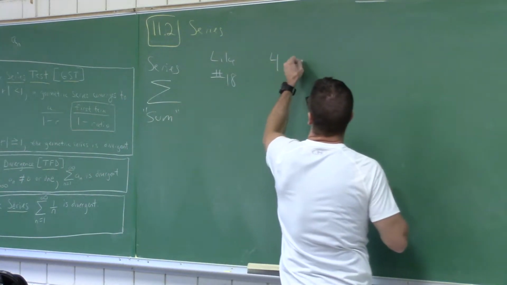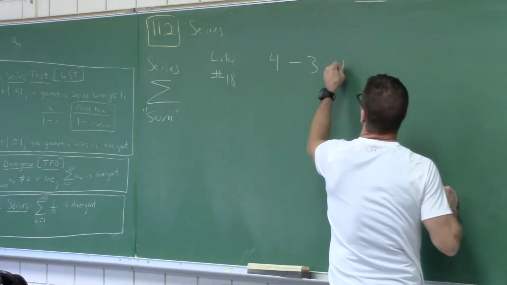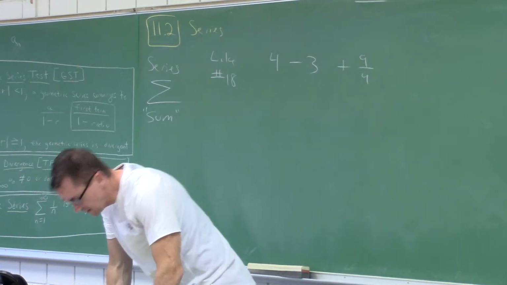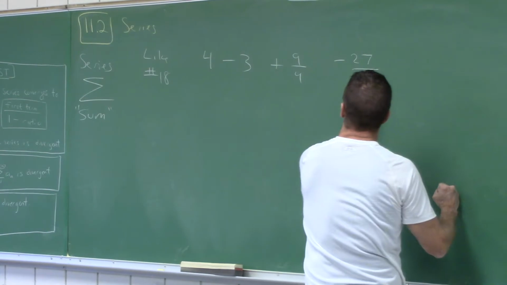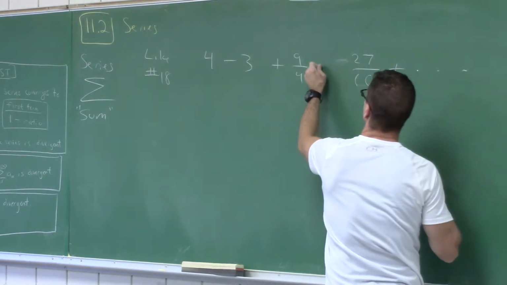All right, how about this? 4 minus 3 plus 9/4 minus 27 over 16 plus dot, dot, dot. The question?